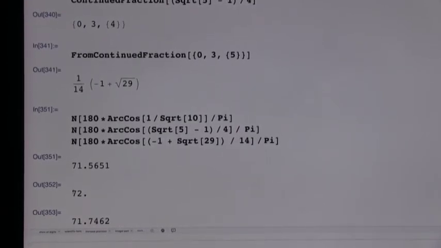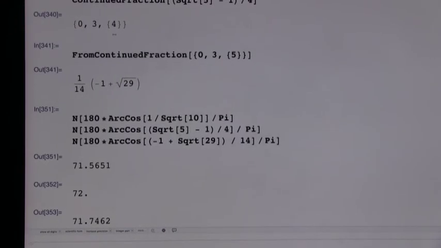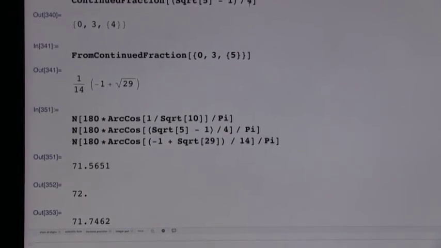So you can imagine that triangle is going to be even more difficult to distinguish from our 72-degree triangle. But the neat part isn't how close it is. It's that the continued fractions for our other ones were really similar. There was no reason that should be true. They probably would have both started out with 0.3 just because of the numbers, but then we got a 4 repeating and then a 6 repeating. So it's pretty cool. The square root of 5 minus 1 over 4 and 1 over root 10 don't look that different when you write them down, but as continued fractions they're very similar.